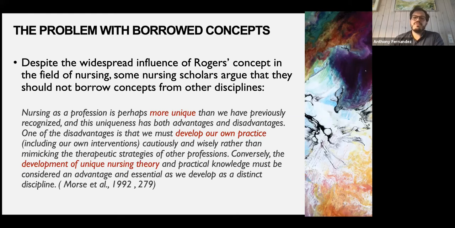It might look like it does at the start, but if we think really carefully about the distinctive differences between nursing and this particular field, then we might realize that the concept doesn't really fit within nursing. And Morse and her colleagues argue that nurses would actually be better off by taking a step back and doing the hard intellectual work of developing their own concepts that are specifically tailored to the kinds of issues nurses are concerned with.